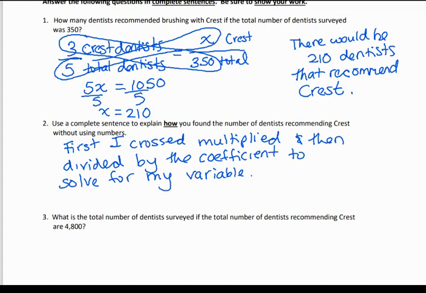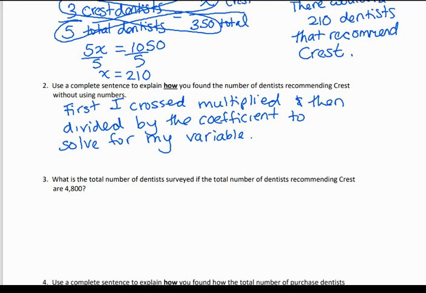All right, number 3. Let's do number 3. I'm still going to use that same ratio, which was 3 Crest over 5 total. And this time around, what's going to go where?